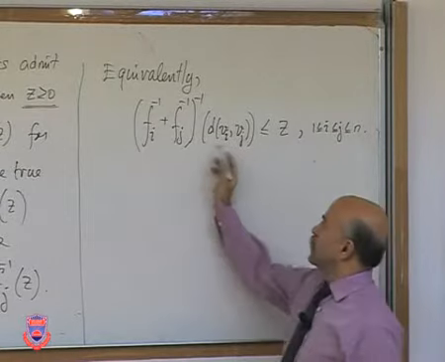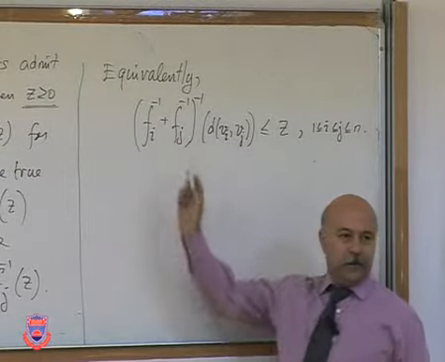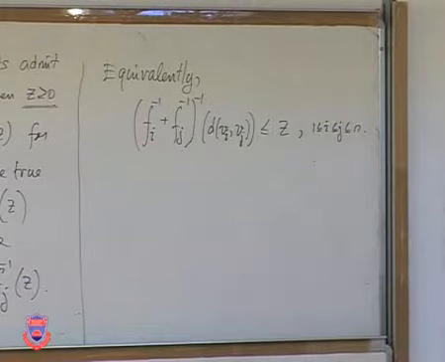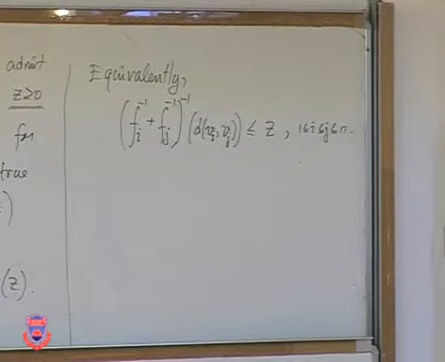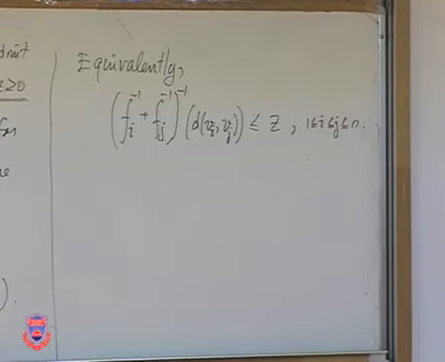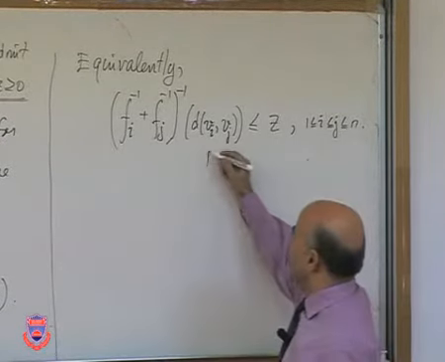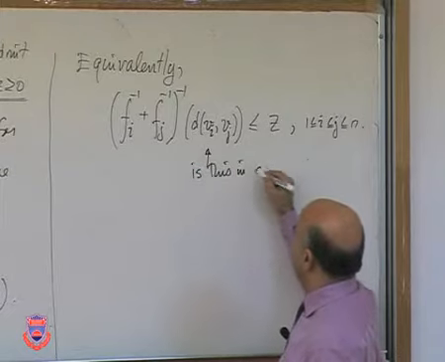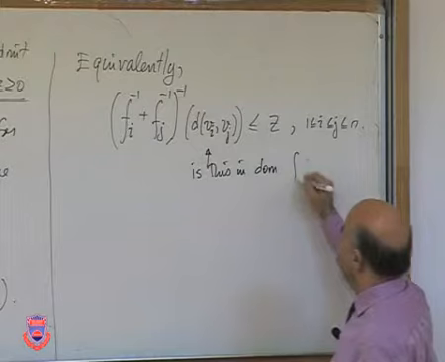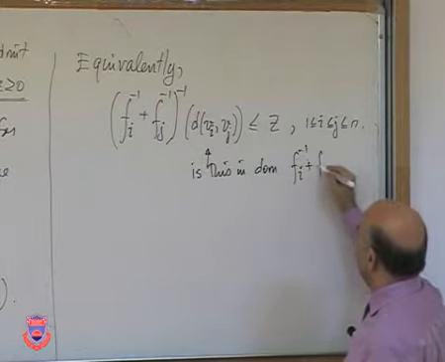Is my distance really in the domain of definition of the new function, the inverse function? Is it or is it not? Let's just justify that. So let's just ask ourselves, is this in the domain of fi inverse plus fj inverse inverse?